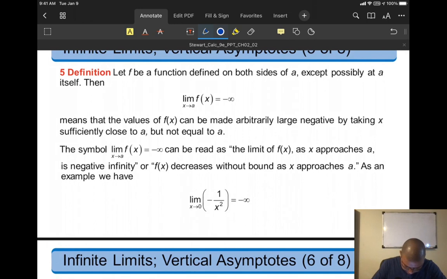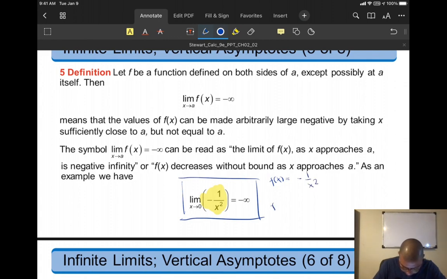This is actually true: the limit as x goes to 0 of minus 1 over x squared is minus infinity. Let me show why. First, I'll define f of x as the thing inside the limit, so f of x equals minus 1 over x squared.